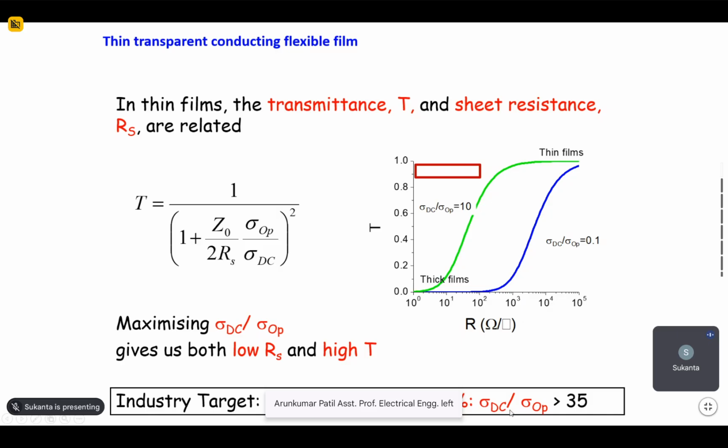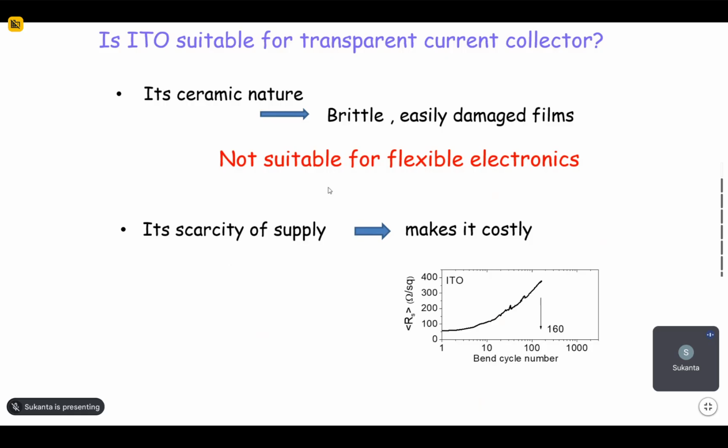If we put T and RS here, what we need is more than 35 for sigma DC over sigma OP. So this is for a transparent conducting film. So how to prepare this type of transparent conducting film?